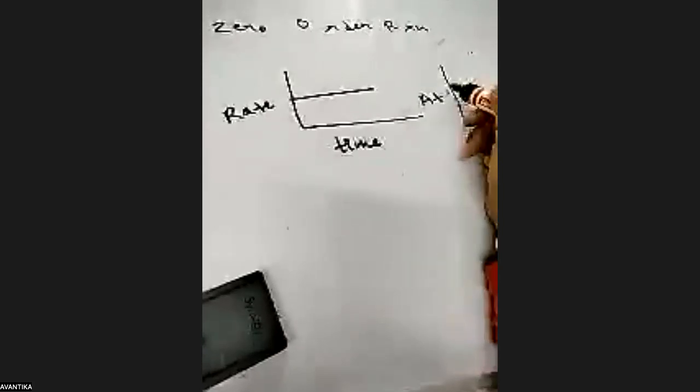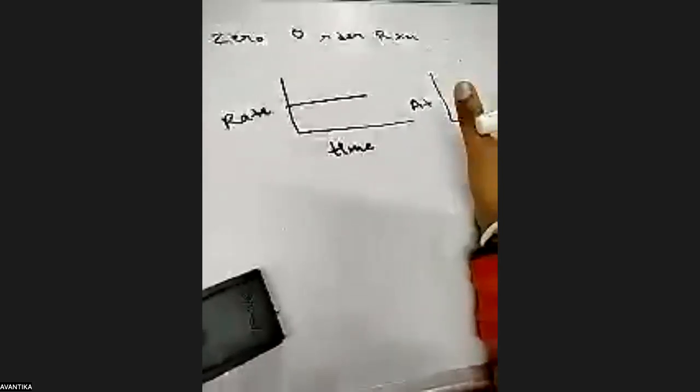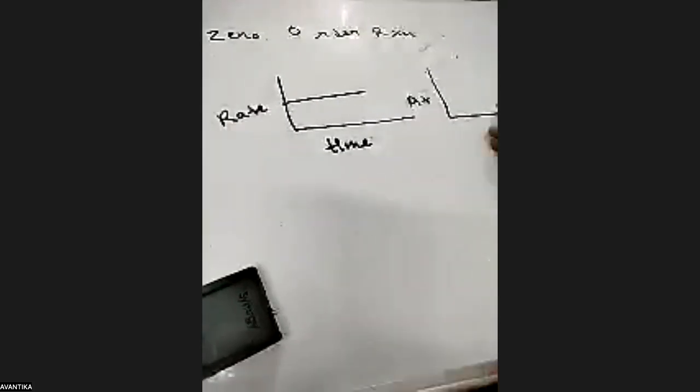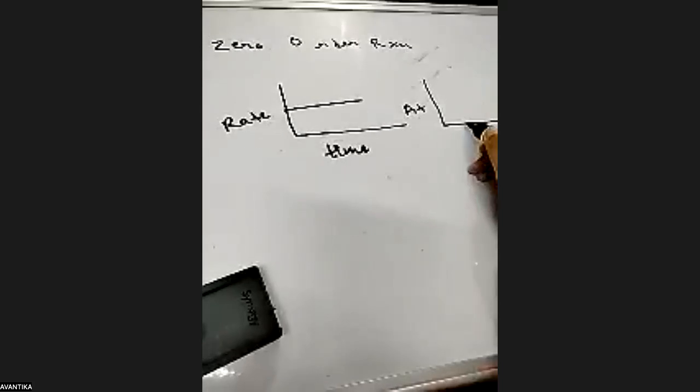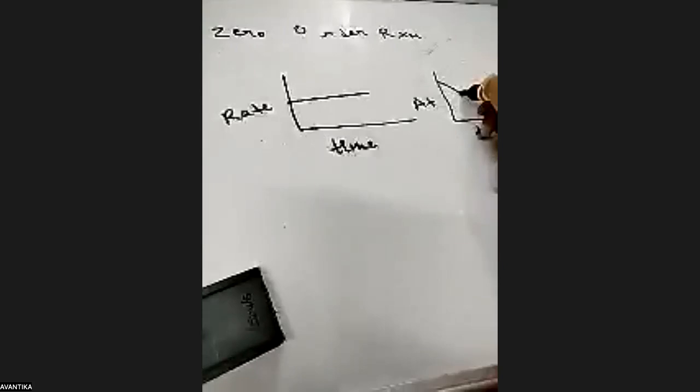If we draw the graph between at, that is the remaining concentration of a after time t, then it is a linearly decreasing graph, and here we get the slope of k.